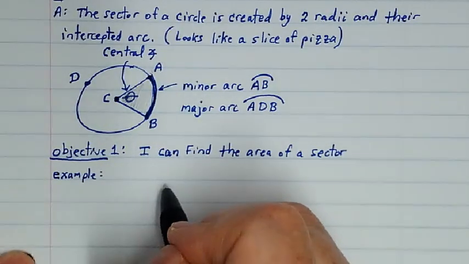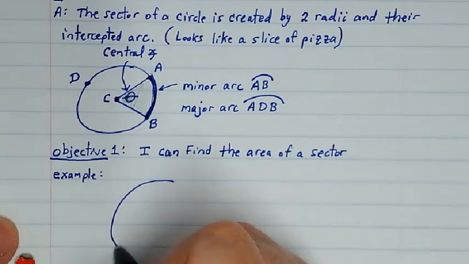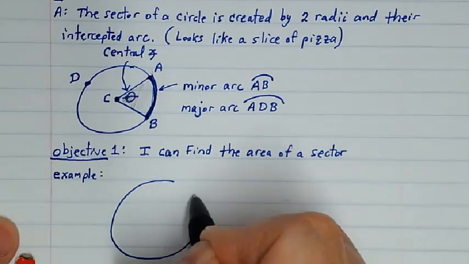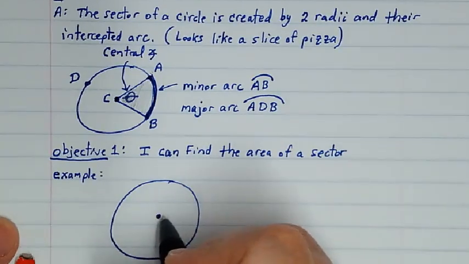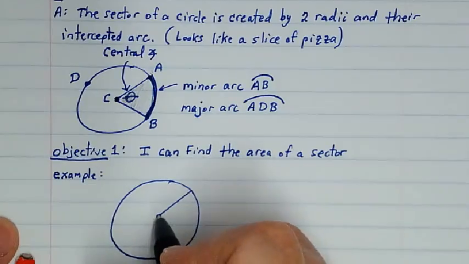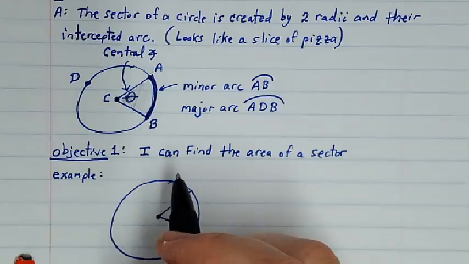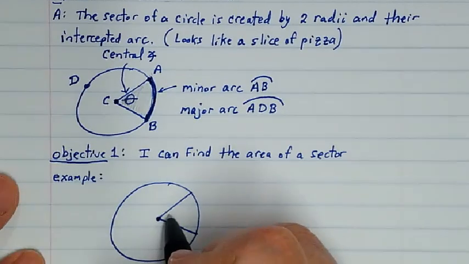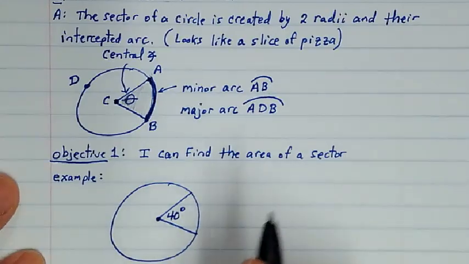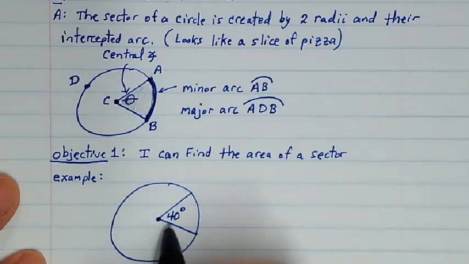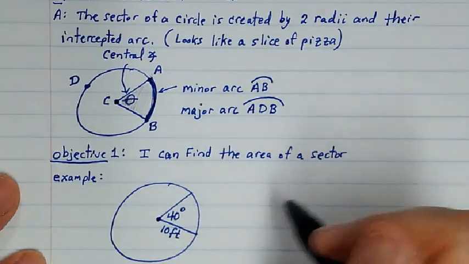If I give you a circle, that's my version of a circle, with a central angle, and supposing I tell you the measure of that central angle is 40 degrees, and that the radius is 10, let's say 10 feet. And I said, find the area of the sector.